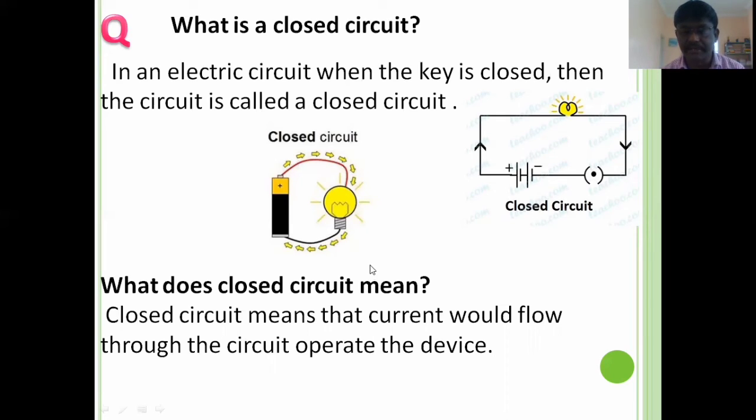Electric current, electric charges. Hence, when electric charges flow means circuit is closed, that indicated by this switch, plug, key or switch closed. Once again, what is a closed circuit? In an electric circuit, when the key is closed, then the circuit is called a closed circuit.